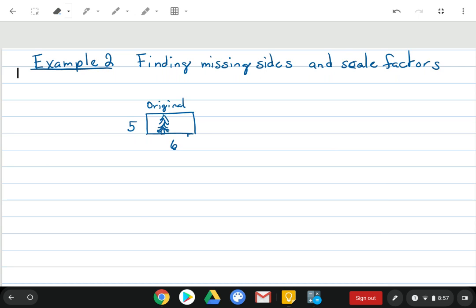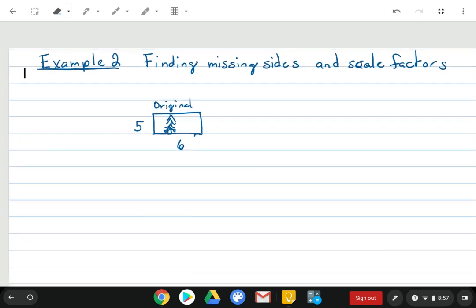Okay, let's say we really like that picture and we want to enlarge it. And when we enlarge it, the new size is going to be 17.5 by, and we don't know. That's what we have to figure out.